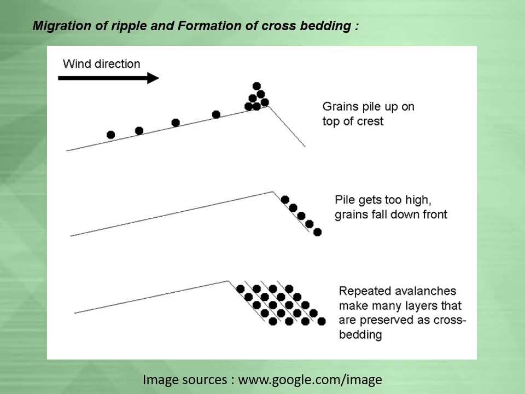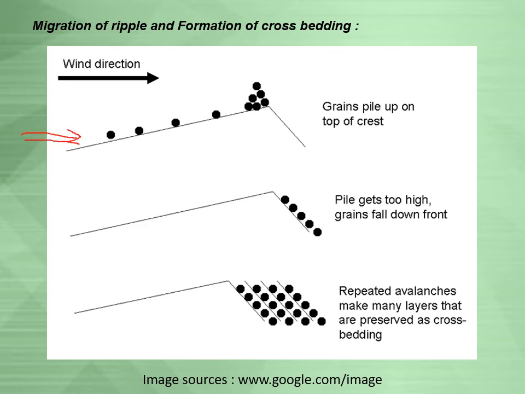Now the particles which are in contact with the substrate, or the particles on the stoss side with unidirectional flow, are hit directly by the flow.